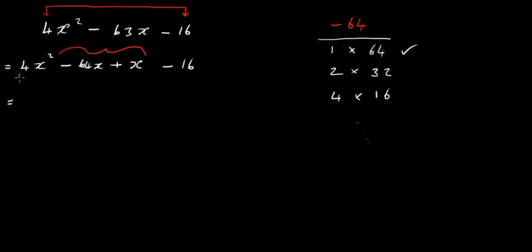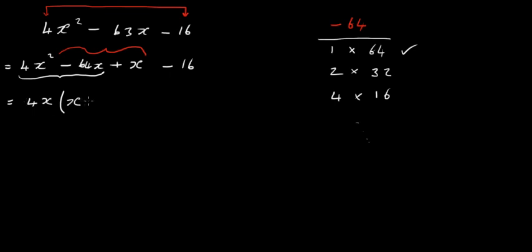So what you do is you take the first two and you find the highest common factor. In this particular case it is 4, and also there's an x here as well, 4x. So put in your bracket here, so 4x times what will give me 4x squared? 4x times x will give me 4x squared.